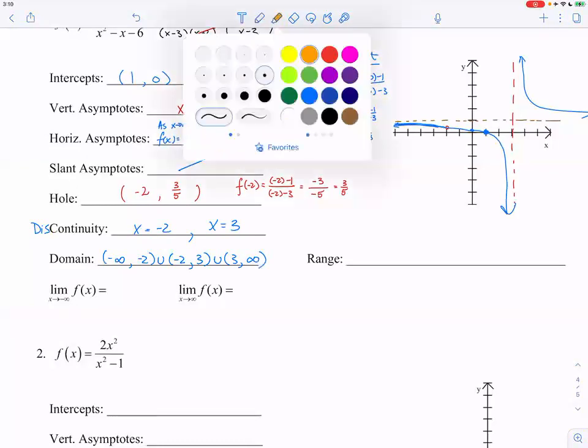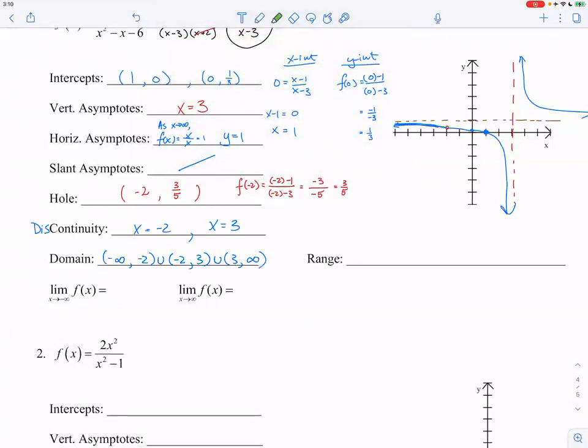I would say you can highlight this if you want to. You can say that the vertical asymptote, hole, discontinuity, and domain are all interrelated to each other.